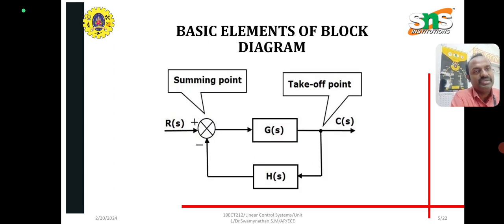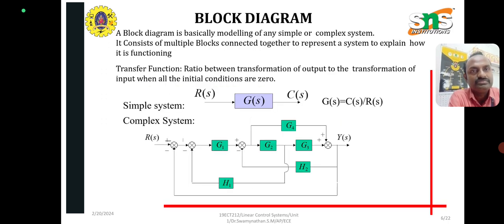Here is the summing point, plus or minus, and G(S) is the block, and another is called the takeoff point for the feedback loop H(S). R(S) is the input, C(S) is the output. Next, the block diagram basically models any simple or complex system.